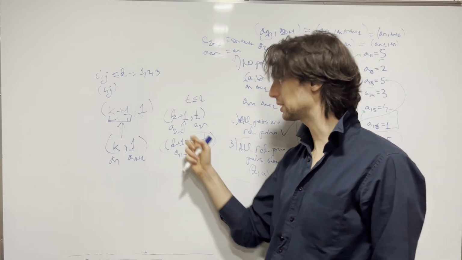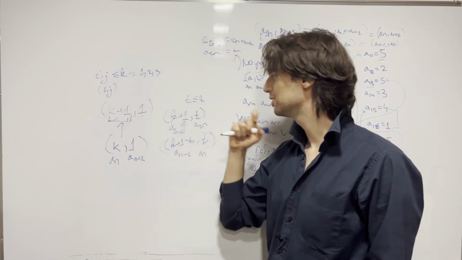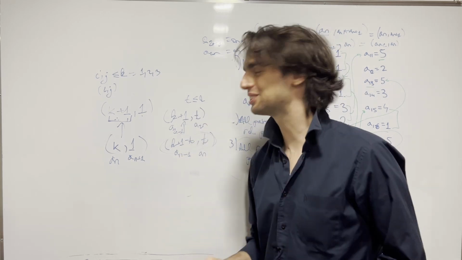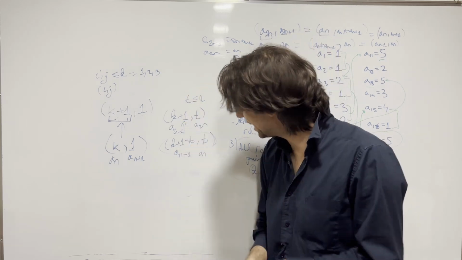We know this pair shows up by the inductive hypothesis, because here i and j are less than or equal to k. So this pair also shows up. And this is what's absolutely amazing about this problem.